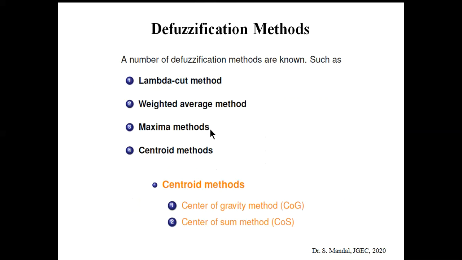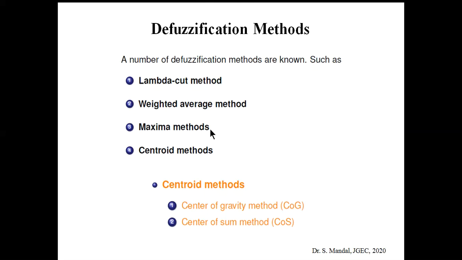Now coming to the defuzzification process. There are different defuzzification processes like lambda cut method, weighted average method, maxima method, centroid method, etc. Among these, the centroid method is most popular, and it has better accuracy and efficiency also.